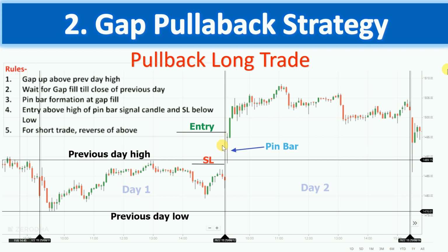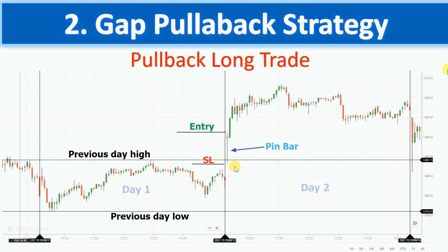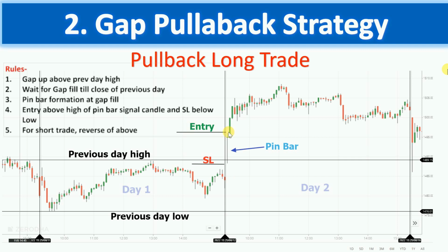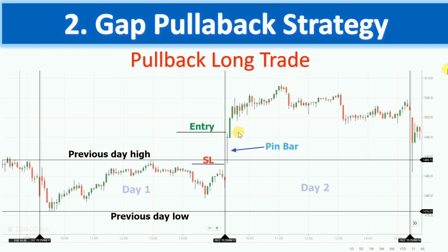So we will identify that signal as a long opportunity and it is a gap fill. So we will take the entry above high of that candle and we will put the stop loss below low of that candle, and we will try to go for 1:3, 1:5 trade.